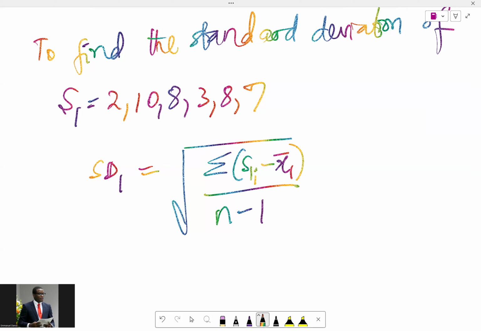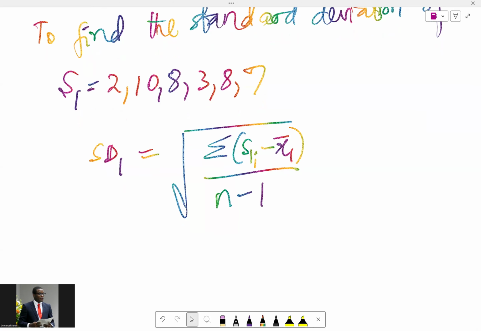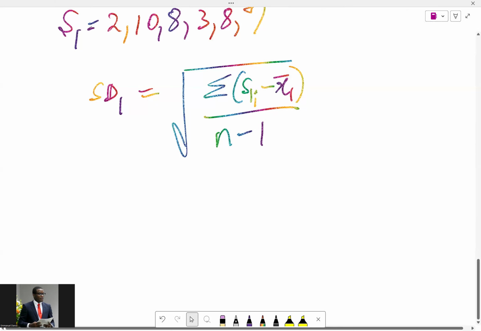The data set is not up to 30, it's just 6 in this case. So we need the deviation of all these things.